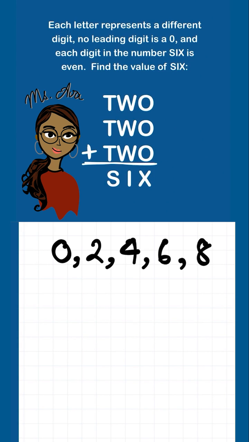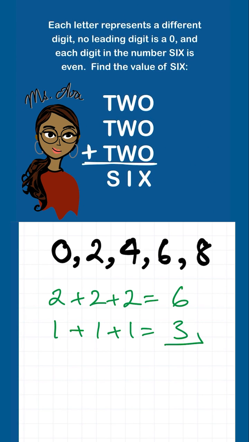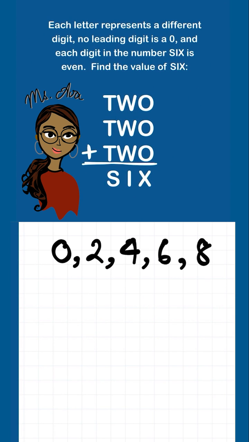So if we add 3 even numbers, let's say like 2 plus 2 plus 2, then we end up with an even number, 6. If we add 3 odd numbers, like 1 plus 1 plus 1, then we end up with an odd number. So that is also really helpful information in this problem, because that tells us that in order for us to get like this first even number, these 3 are going to have to be even.